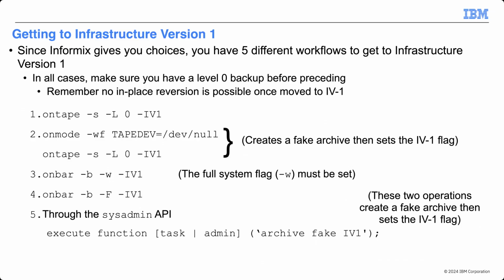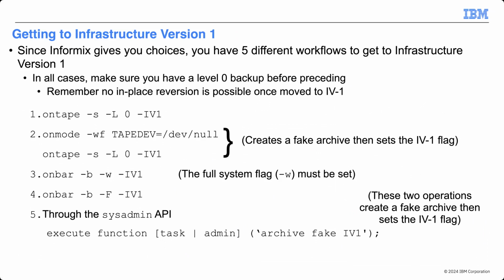So this is Informix. We give you choices, right? So here are your 5 different choices to get to infrastructure version 1. It could be an onmode command, it could be an ontape command, there are a couple of different onbar commands that you can run, or you can use the SQL admin API.